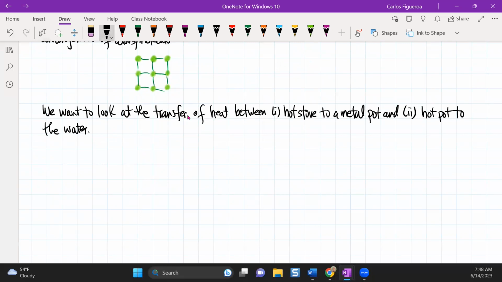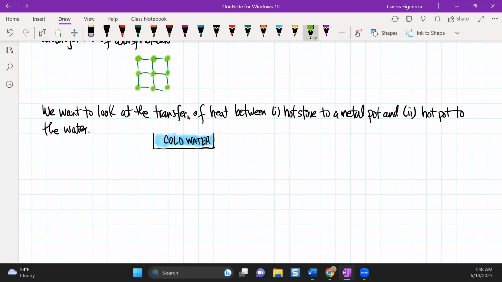Up here, this is going to represent my pot. Okay, so this is the pot. And inside the pot is, of course, the cold water. Ooh, that's not the pot. Sorry, that was my mistake. So here's our cold water. The pot is going to be the green lattice structure.